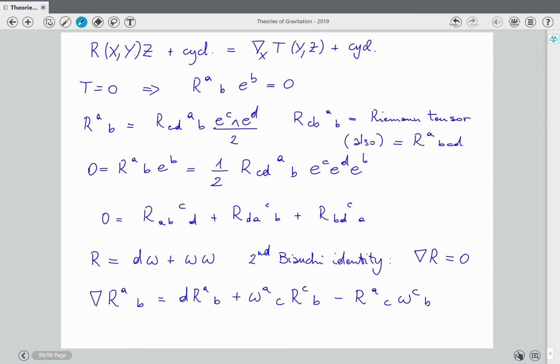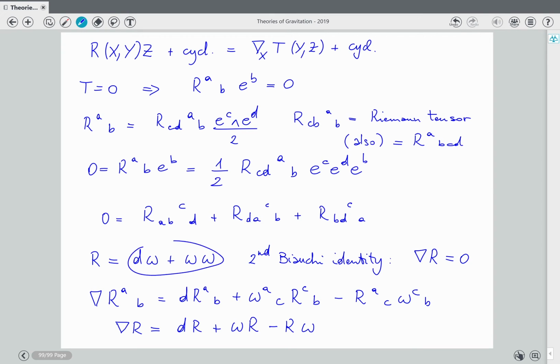Okay, so in understanding the indices, this can be written as dR plus omega R minus R omega, because the indices to the left are always A and the indices to the right are always B.